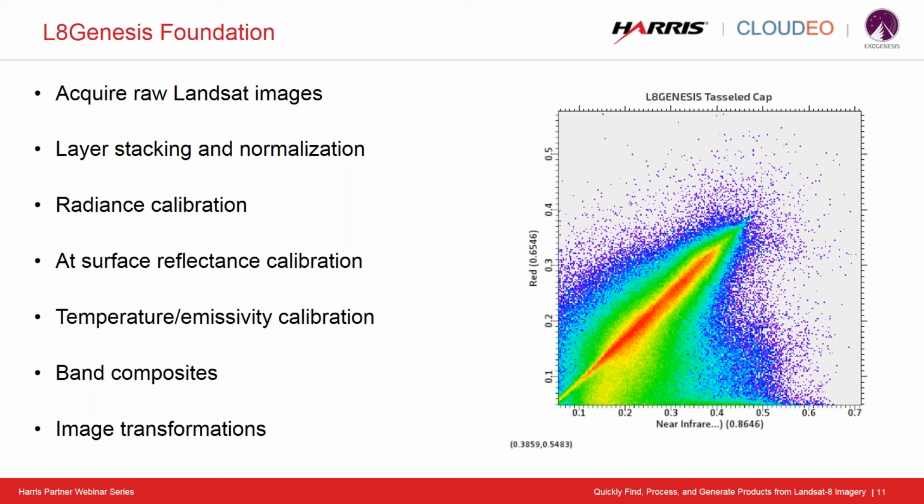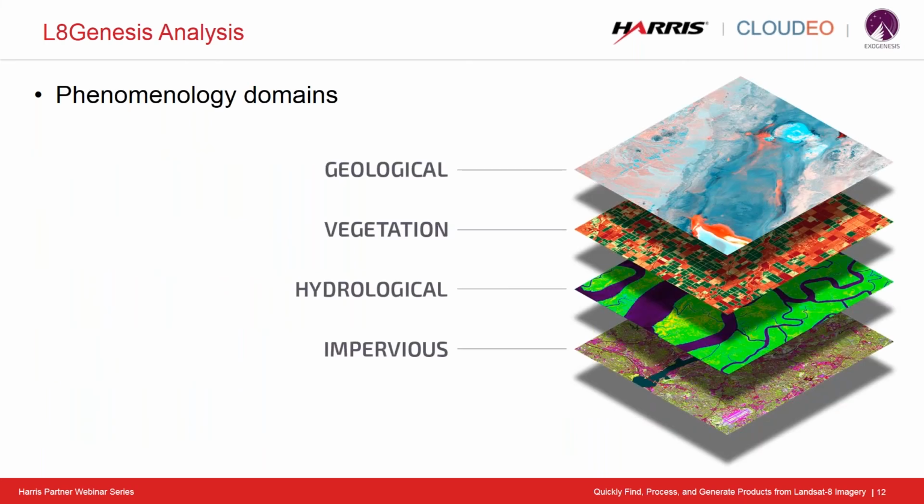The foundation package, which is essentially the calibrated data in bulk processing, also includes some data transformations, such as principal components, tasseled caps, and a few others. So if you regularly use those data products, there is additional time savings because all of that's already going to be done for you when you order it on the CloudEO store.